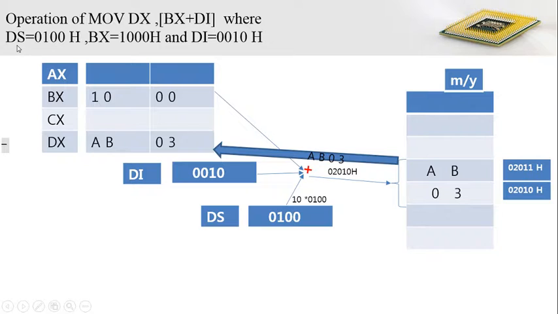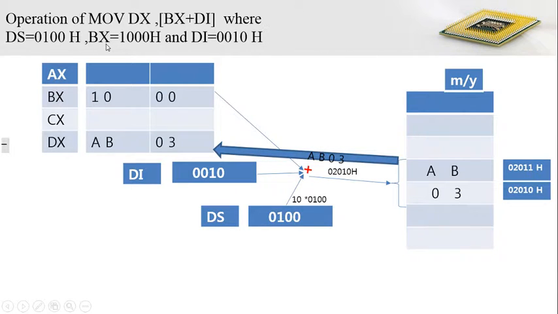We need to focus on the segment address, the data segment address. If we want to transfer some code information, in that case we need to consider the code segment address. Here it indicates a data transfer, so we need to focus on the data segment register, that is 0100H.